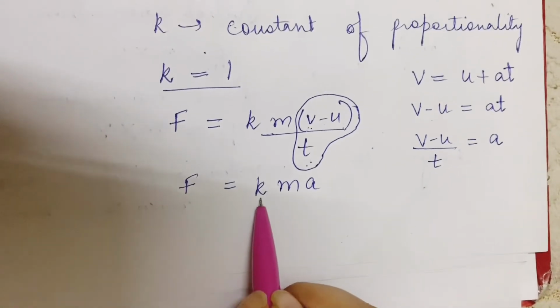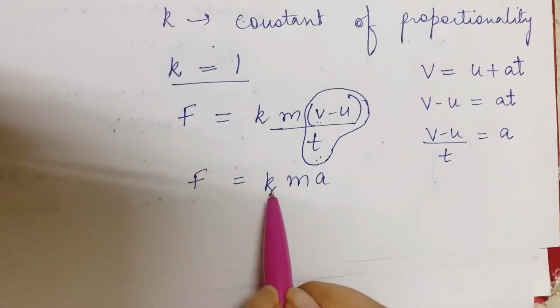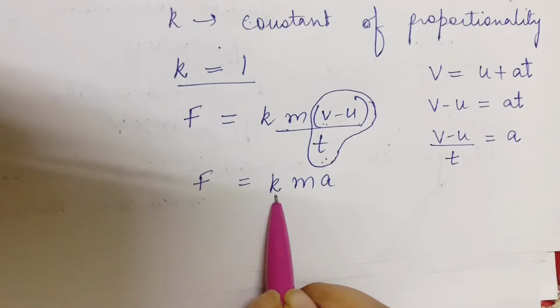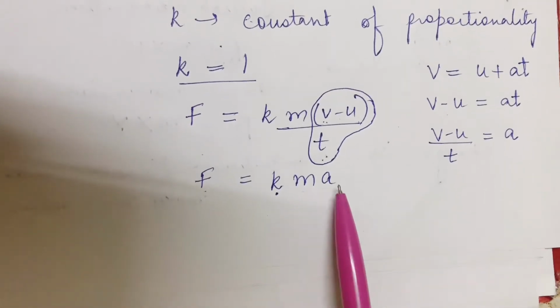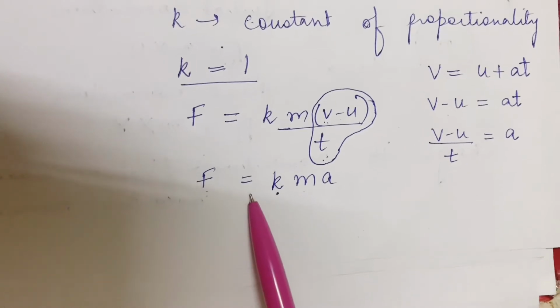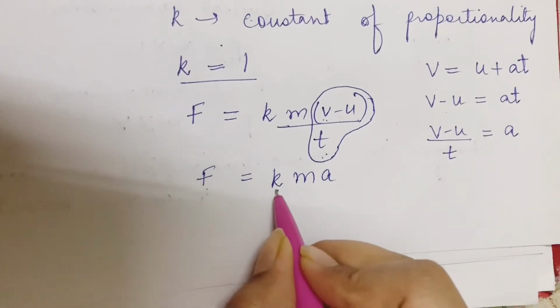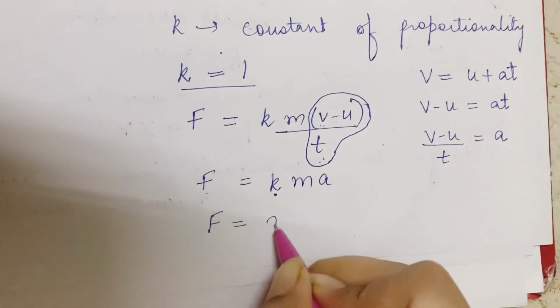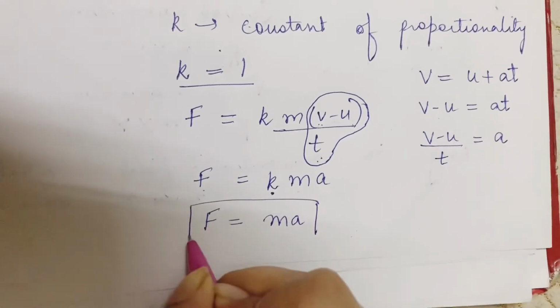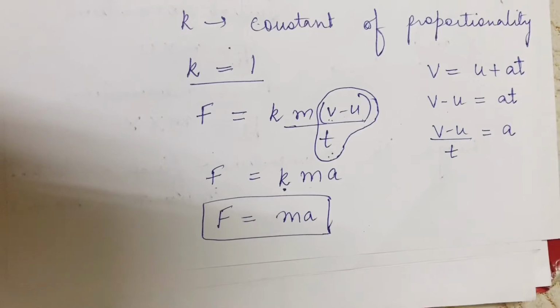I told you that we have chosen such values that this k will become unity, in such a way that when f is 1, m is 1, a is 1, k is also 1. Let us substitute the value of k equal to unity. Then it will come out to be force is equal to mass into acceleration.